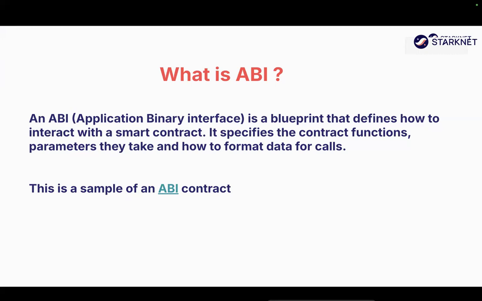So it defines the contract functions, the parameters they take, and how to format data for calls. That's what an ABI is. It contains all these things. So look at this like our interface to interact with our smart contract. Without the ABI, our front end is not going to know the necessary blueprint it needs to interact with the blockchain.